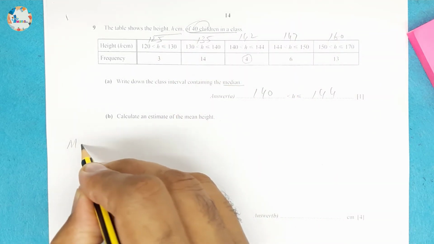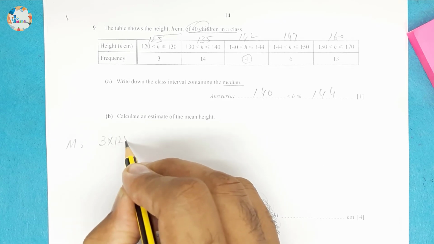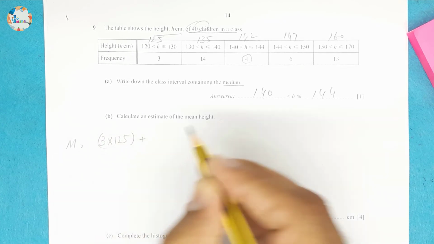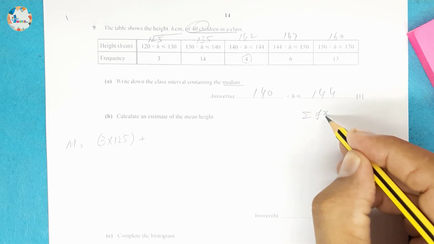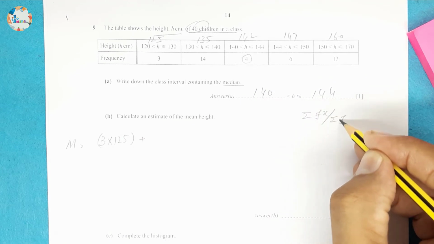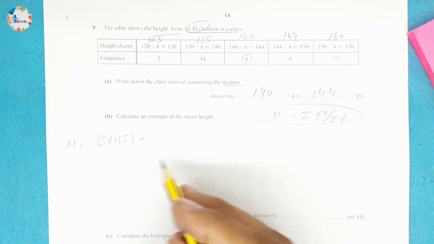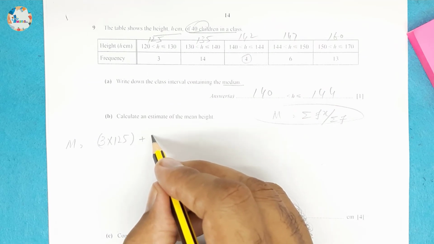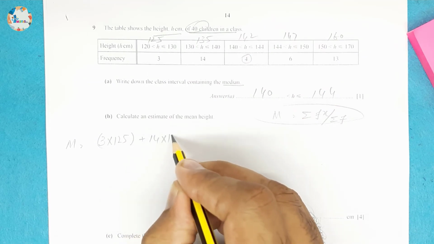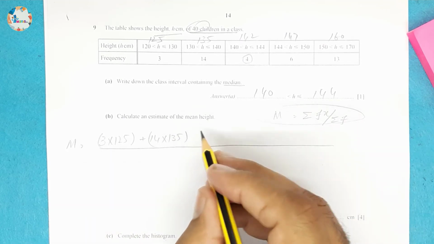So the mean value will be equal to 3 into 125 plus, basically the formula which we are applying is sigma fx divided by sigma f. This is equal to the mean. This is basically the formula which we are applying. So 3 into 125 plus 14 into 135, and we can write as a fraction.